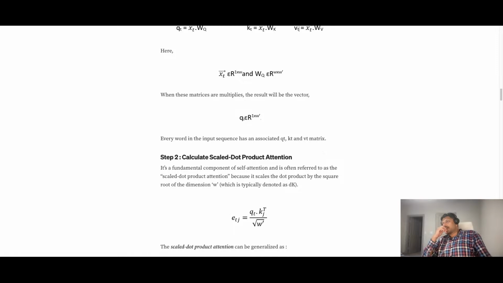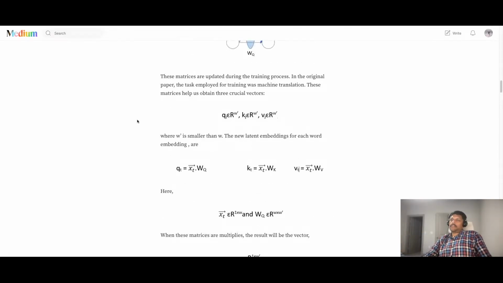Every word in the input sequence has an associated Q, K, and V matrix. I didn't get any of this piece, man.